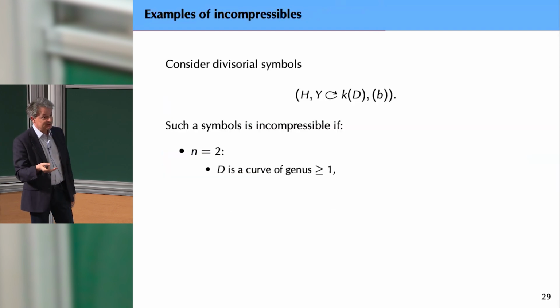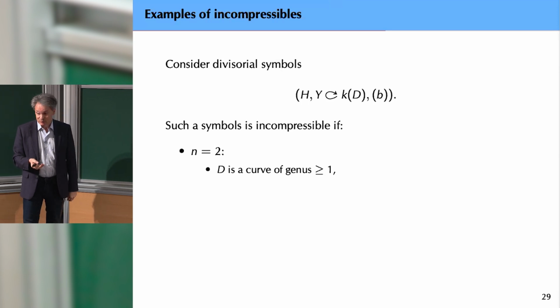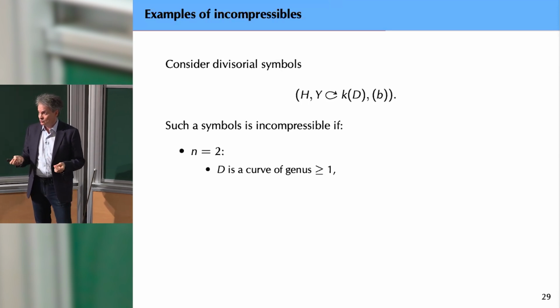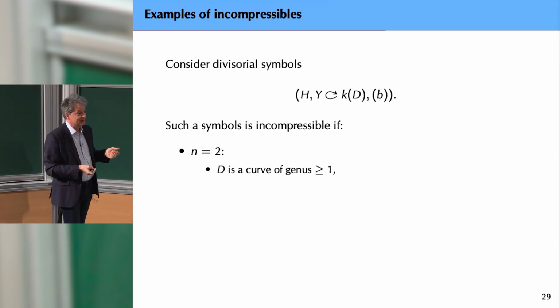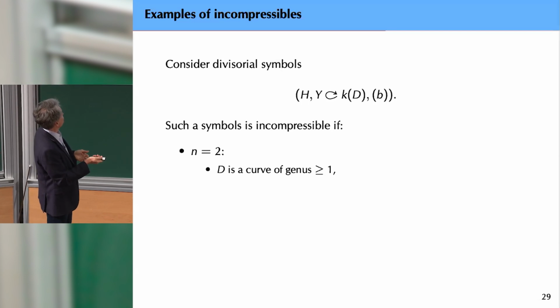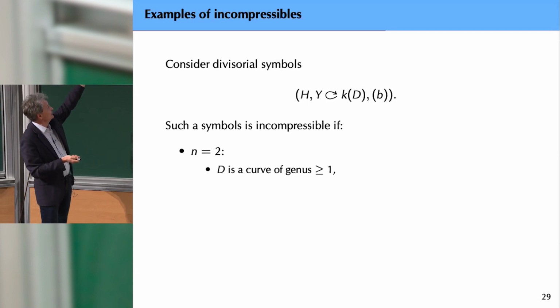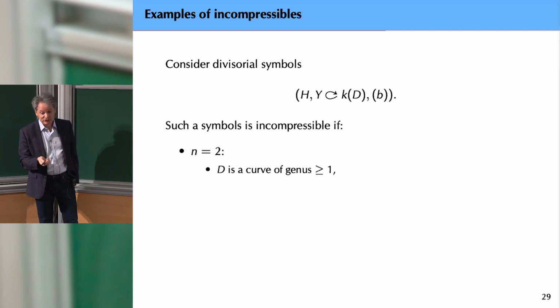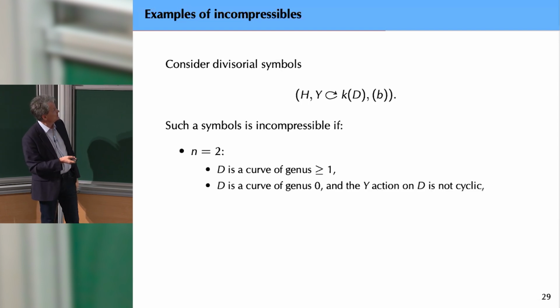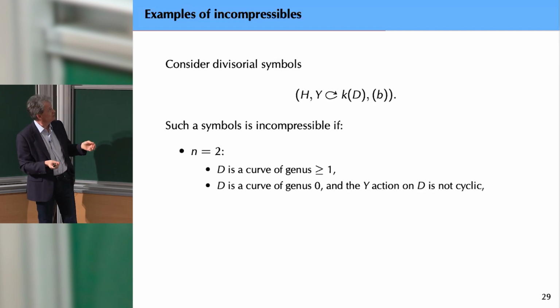And I wanted to give you at least some examples of these incompressible symbols. So in dimension 2, we are talking about curves. Those will be divisors on a surface. And the moment you have in that symbol a curve of genus at least 1, you're incompressible. But it could also be a curve of genus 0.